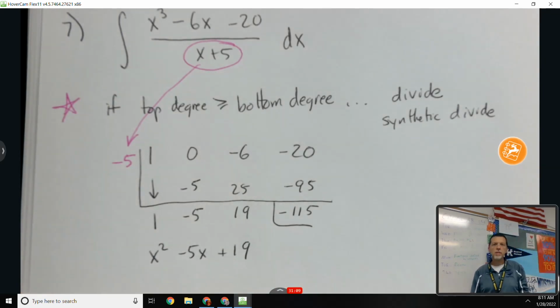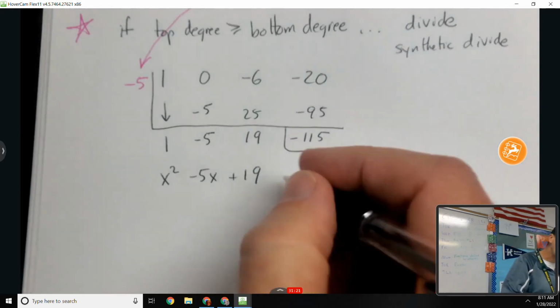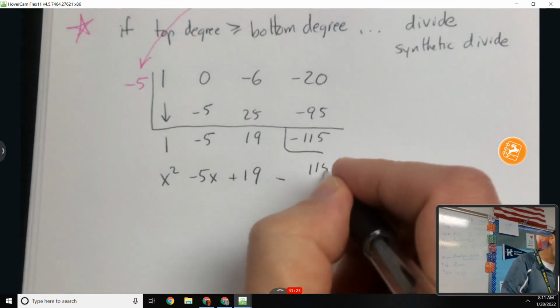But we still have that last one. Put it over the top. So there's a couple things. One, you could say it's the remainder, but that doesn't really do us any good for this particular problem.